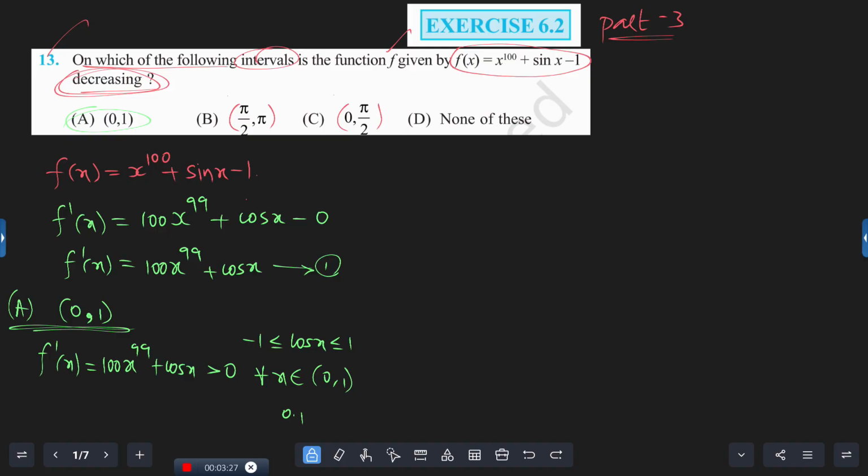Check here: 100 into 0.1 whole power 99. When you multiply that, you will surely get something more than 0, some positive number. And here also you will get more than 1, don't worry.